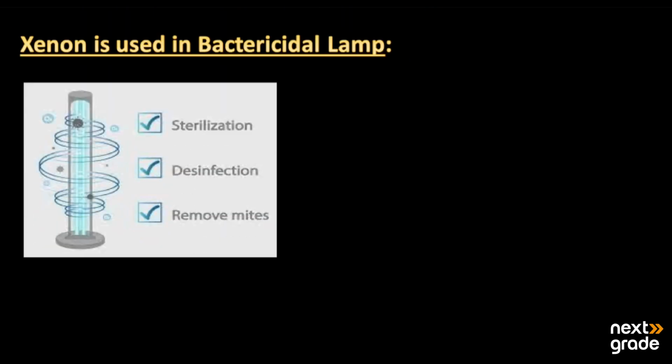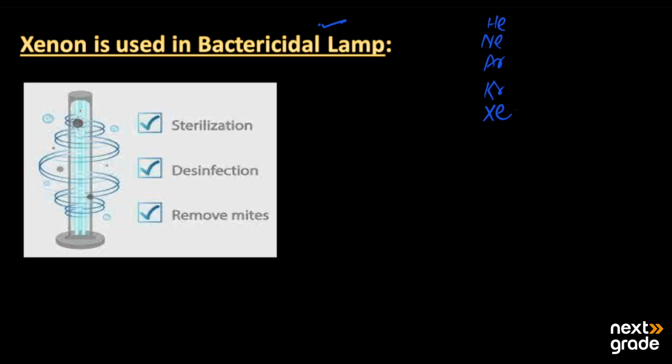Then we have the use of xenon, because the first one is helium, then neon, argon, then krypton, then we have xenon. Here xenon is used in bactericidal lamps. Now what does bactericidal lamp mean? These are specific types of lamps that are used in commercial areas.